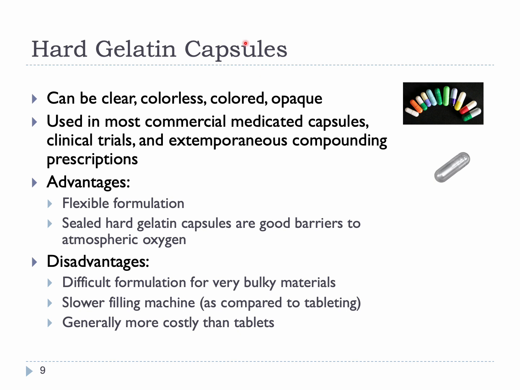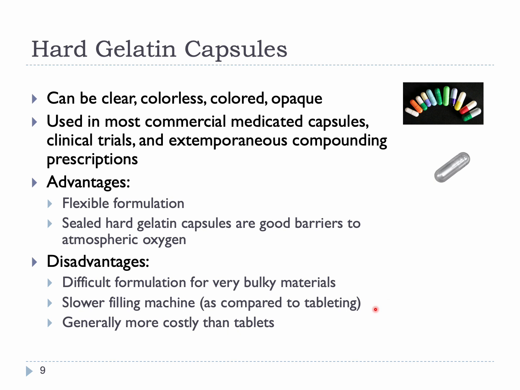A disadvantage of hard gelatin capsules is that formulation is difficult for very bulky materials. Look at the capsule here. It just contains a certain amount. It cannot contain a large amount like tablets. For tablets, a large amount can be compressed into small tablets, but for capsules, compression is very hard. So with this size of capsule, it can only contain a certain amount of ingredients.